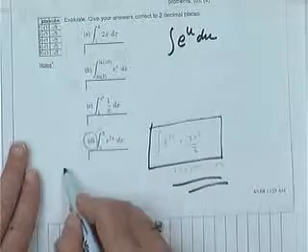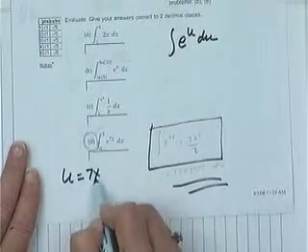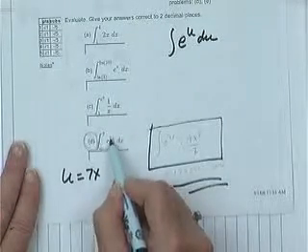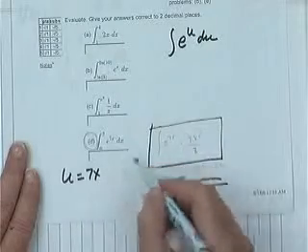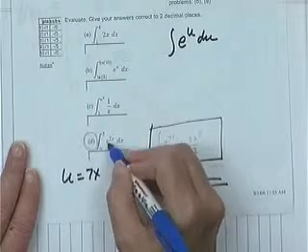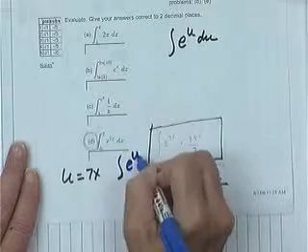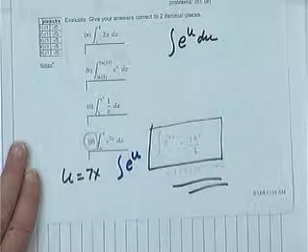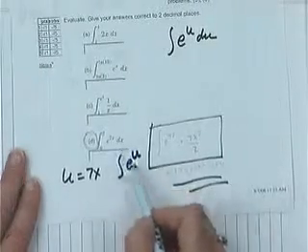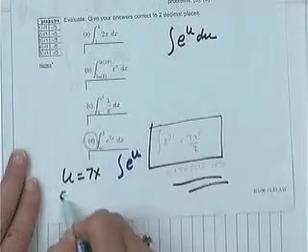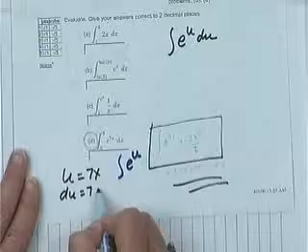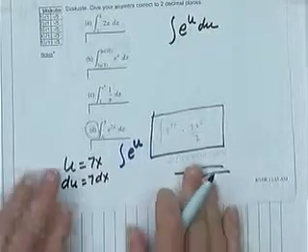What is your u, everybody? 7x. So here's your e to the u. Then what's the next step? You have to find the du part. So du is 7 dx.